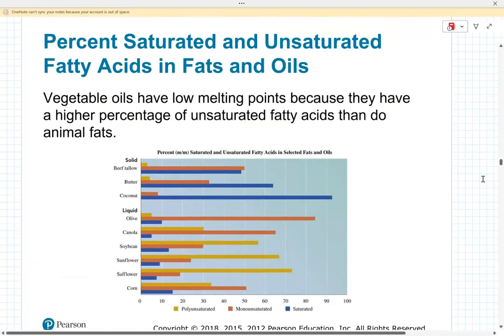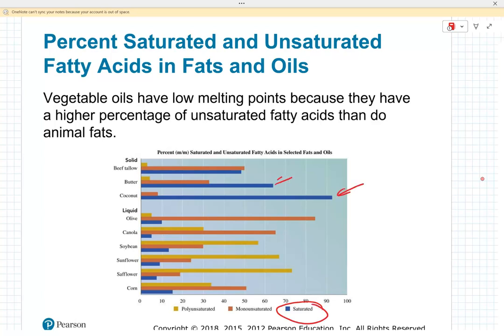Okay? Now this shows you the percentage, and I'm just going to focus on this. The blue columns show you how much saturated fatty acids you have. See? Solid, solid, solid. They're all solid because they have a high percentage of saturated fatty acids.